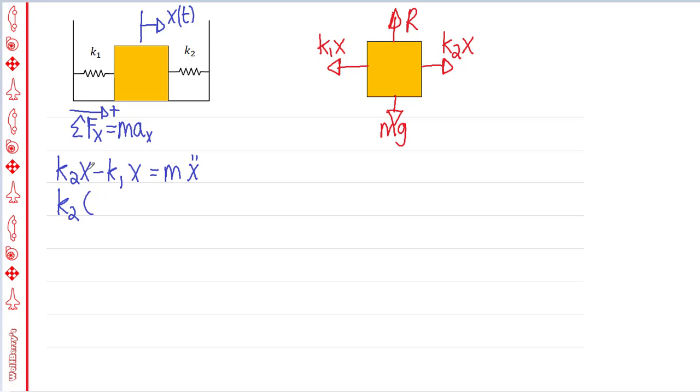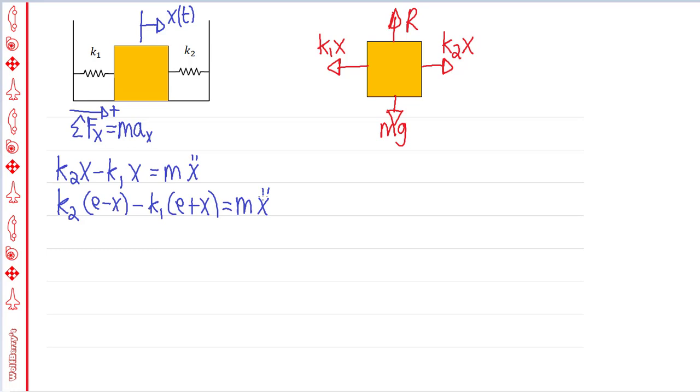So we have to include the extension within the variable. Now, because K2 is getting smaller, it's going to be extension minus x, minus K1. Because K1 is getting longer, the left spring is getting longer, it's going to be extension plus x. You're including the extension in your equation, mx double dot.